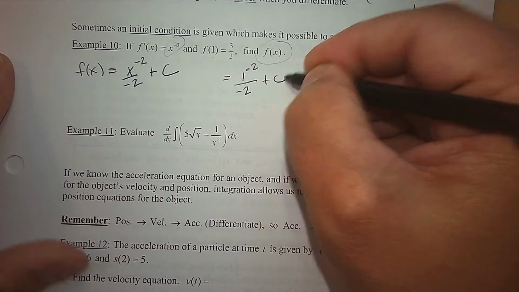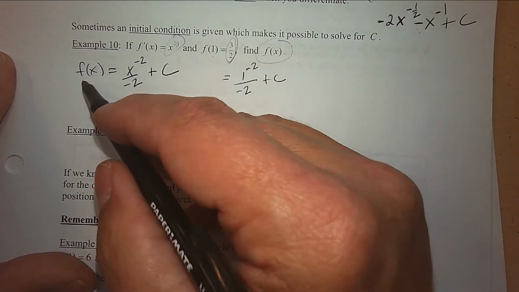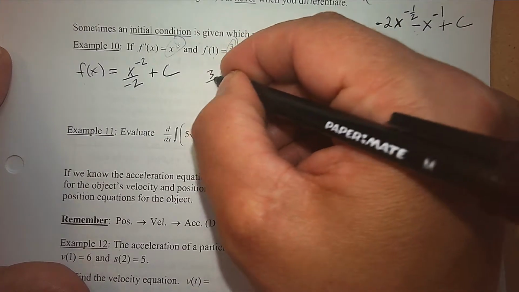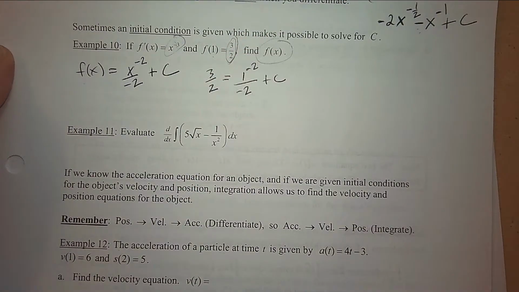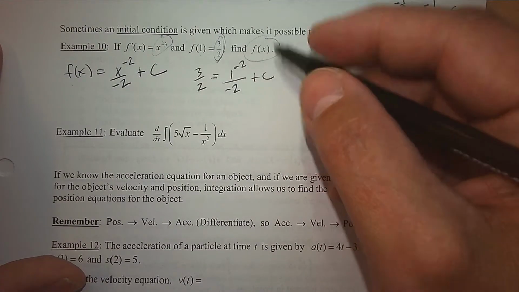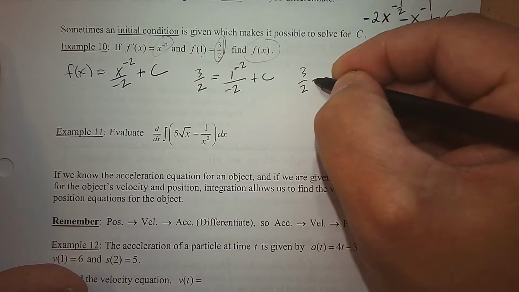It also says what y equals. What's y? And f at x is just a fancy way to say y. So we're just going to make it equal to what? Now we can solve for c. 1 to any exponent is equal to 1.